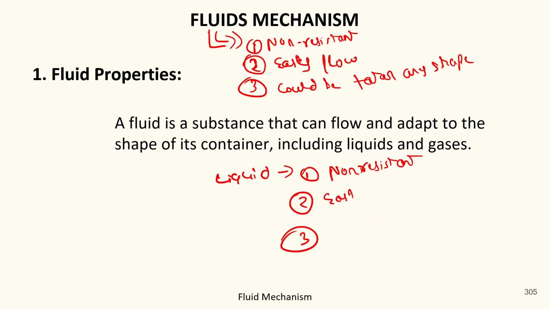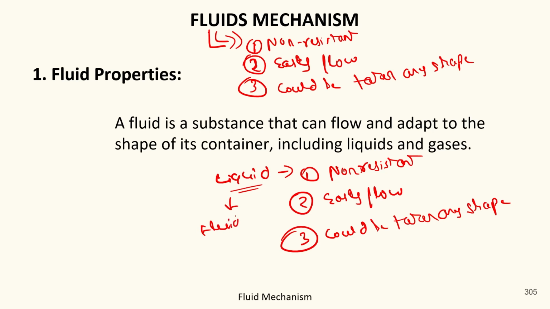Second is liquid having an easy flow. And third is that it would take any shape. So in the case of liquid, all the three conditions are fulfilled. So you can say liquid is a fluid.